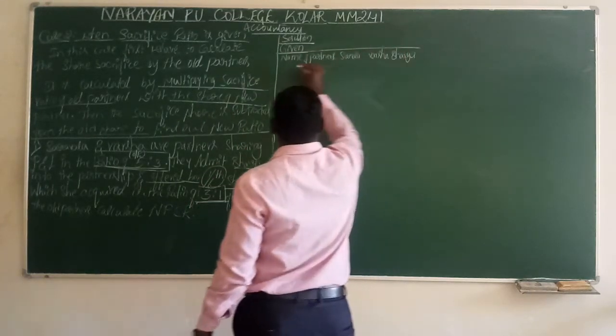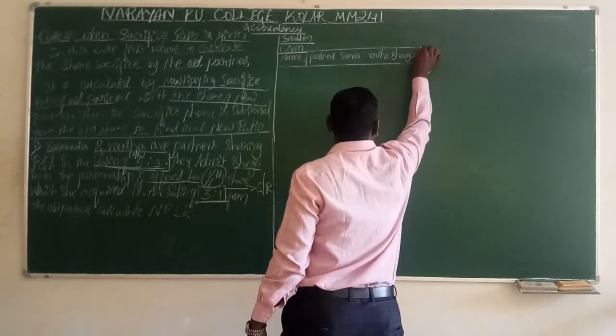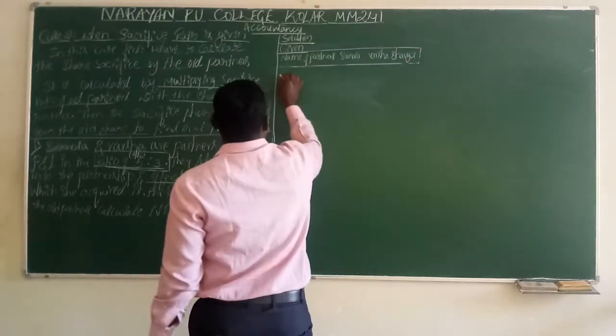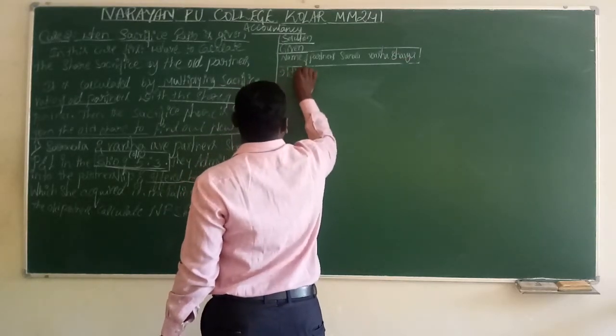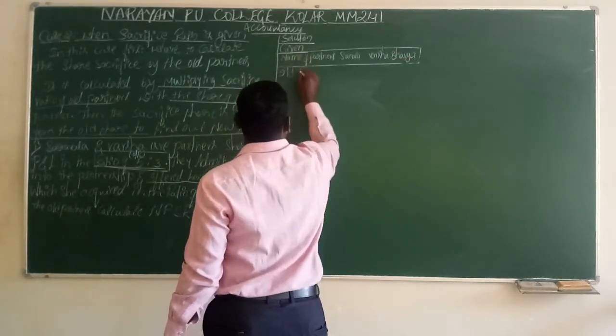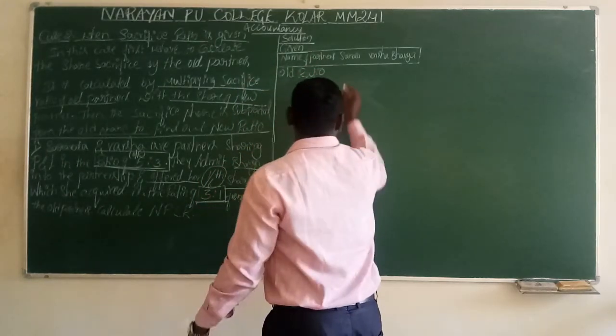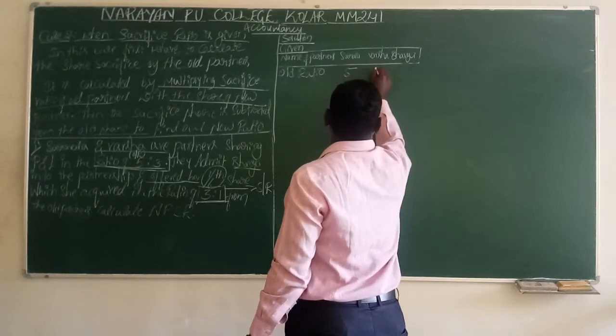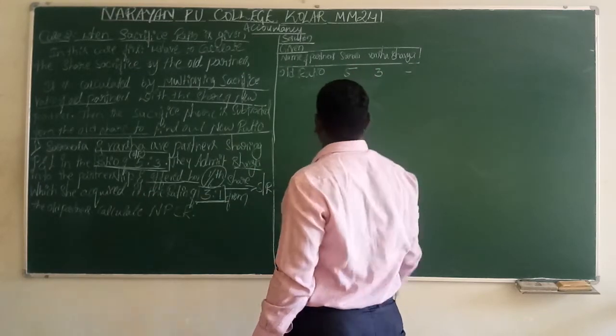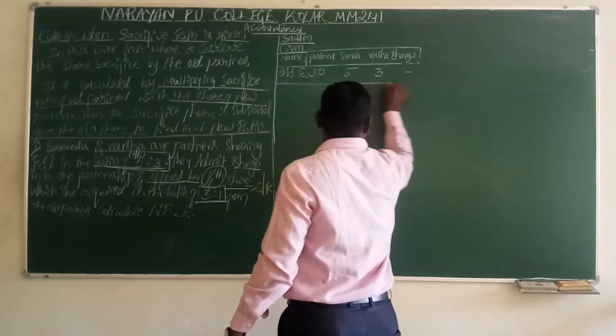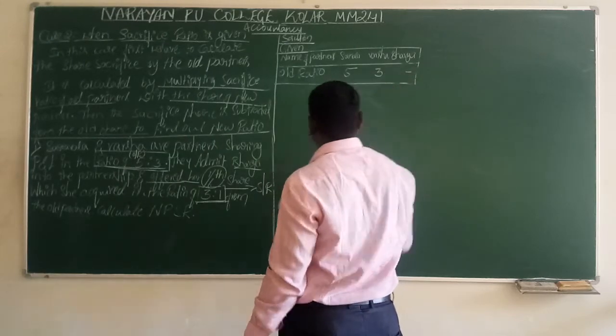The old partners' names are given, and also the old share or old ratio, given in the question itself: first partner 5, second partner 3. The old ratio is also given.